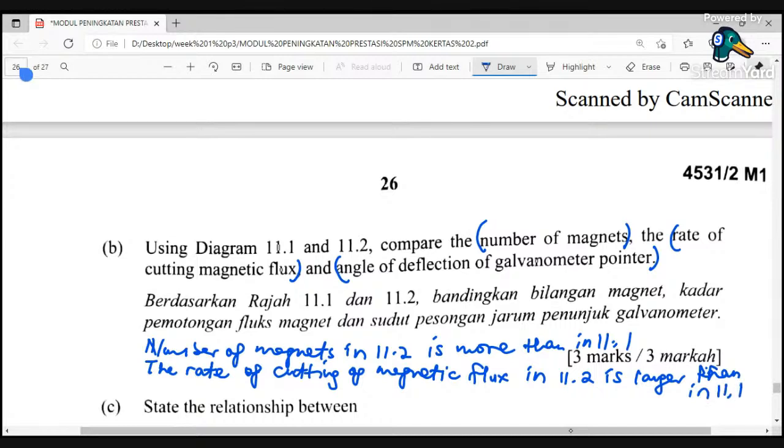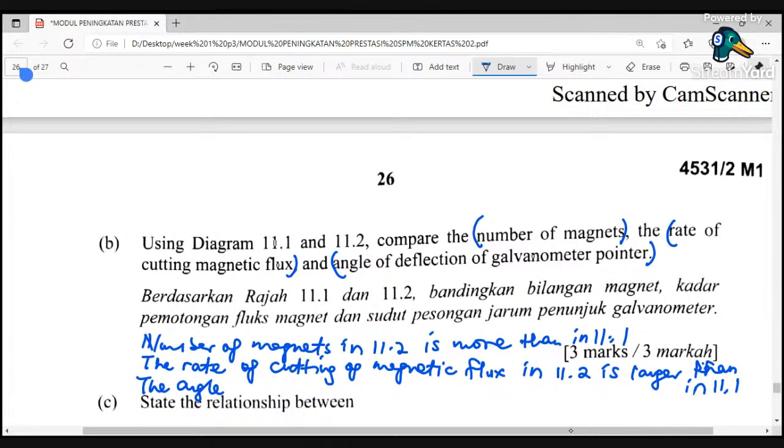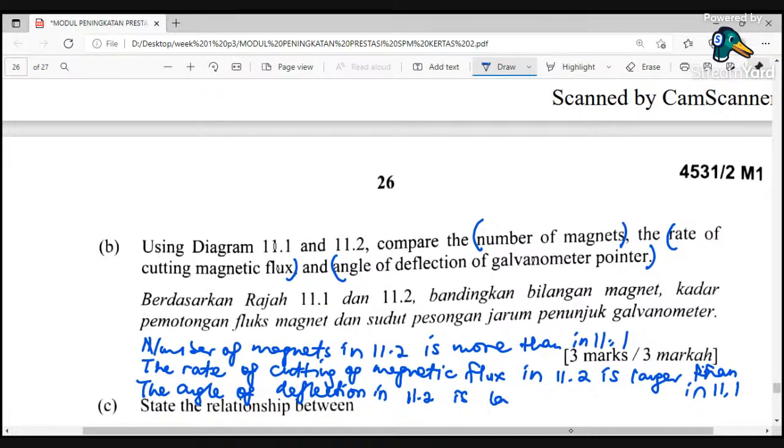Okay. The angle of deflection in 11.2 is larger than in 11.1. Okay.